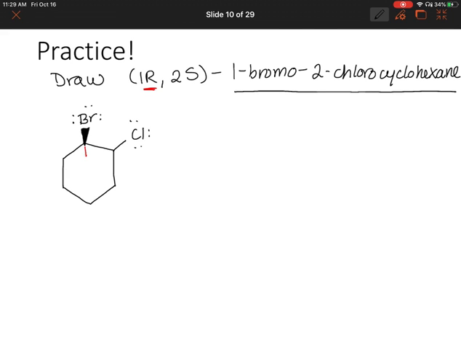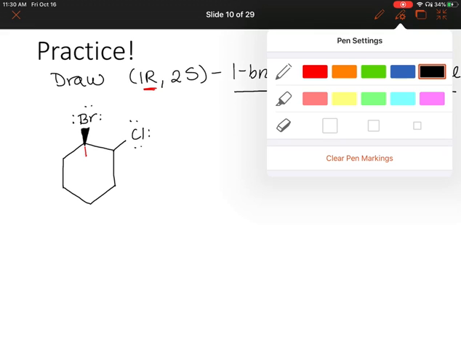And then I'm going to check if that is the R position. If it's not the R position, then I'll draw it in a dashed form, because that will be the R position, if that makes sense. All right, so let's check whether this is an R conformation or an S conformation. So let's prioritize.